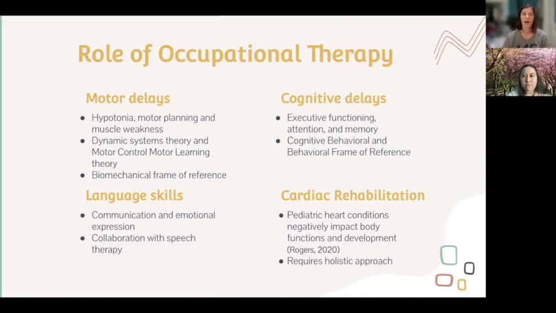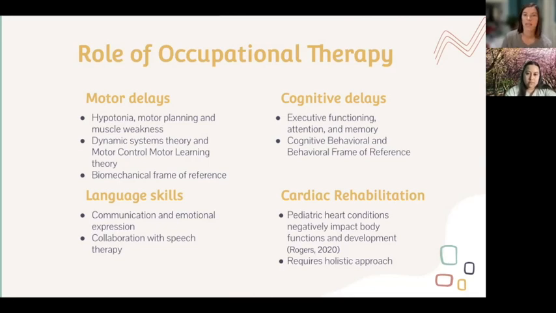These delays can be approached using dynamic systems theory or the motor control motor learning theory to teach them movement, or using the biomechanical frame of reference, using things like strengthening or positioning to help rehabilitate those delays. In regards to cognitive delays, commonly seen is executive functioning problems, attention deficits, and memory delays.